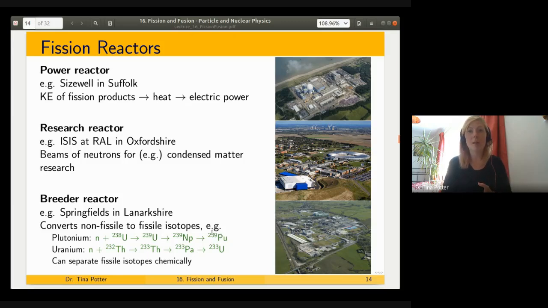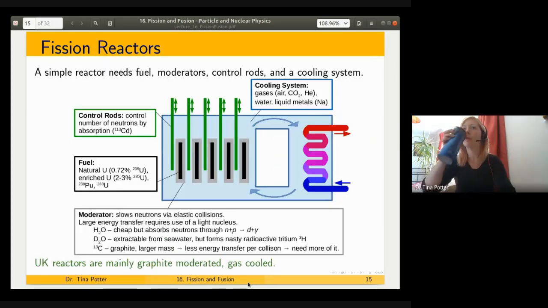So this is how we can make plutonium, for example, from the more common uranium, and we can do the same thing from thorium-232 to make the more useful uranium-233. And then you can separate these from your materials chemically. So we can sometimes make the fuel for the power reactors using breeder reactors.